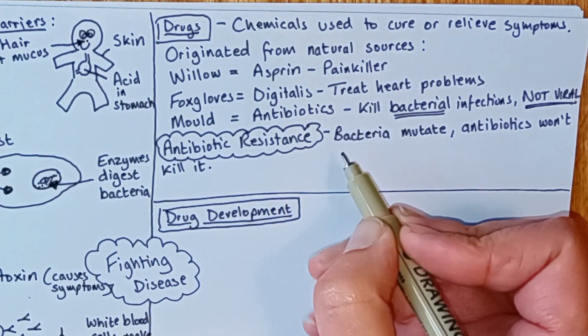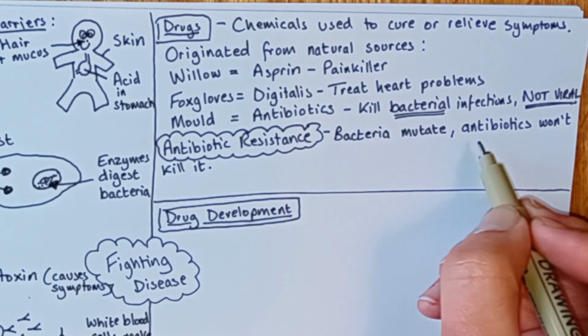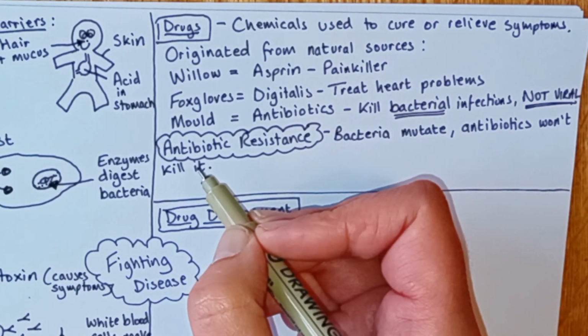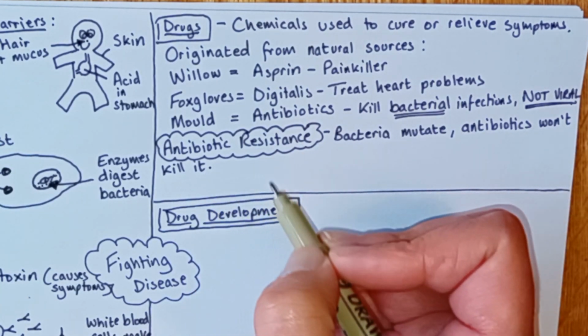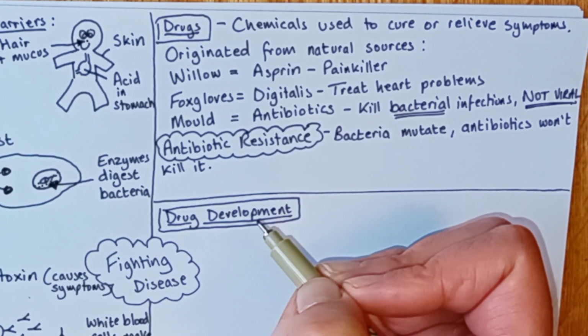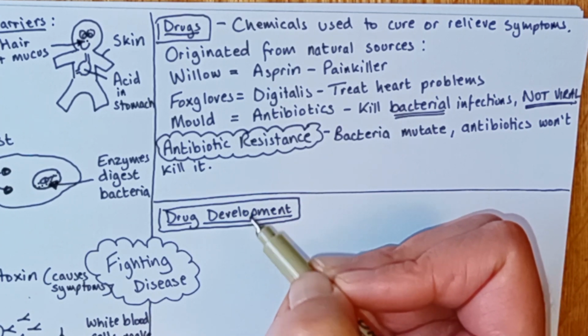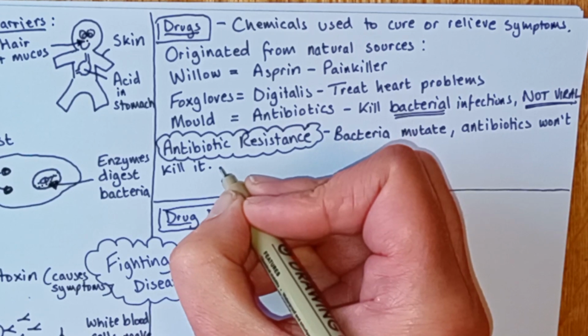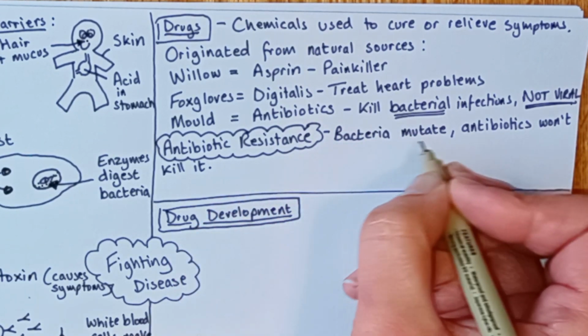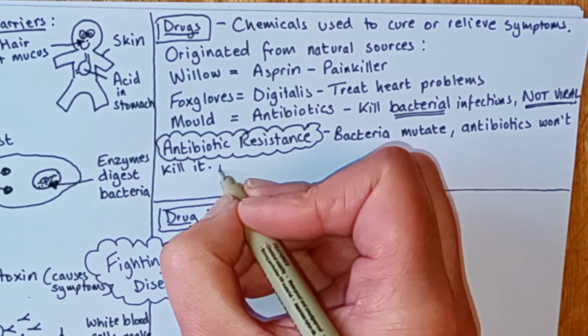So antibiotic resistance means a bacteria has mutated and the antibiotics won't kill it anymore. So sometimes it's the cell wall, sometimes they kick the antibiotic out. However it's mutated, it can't get killed. However, all the other bacteria that aren't mutated will get killed.